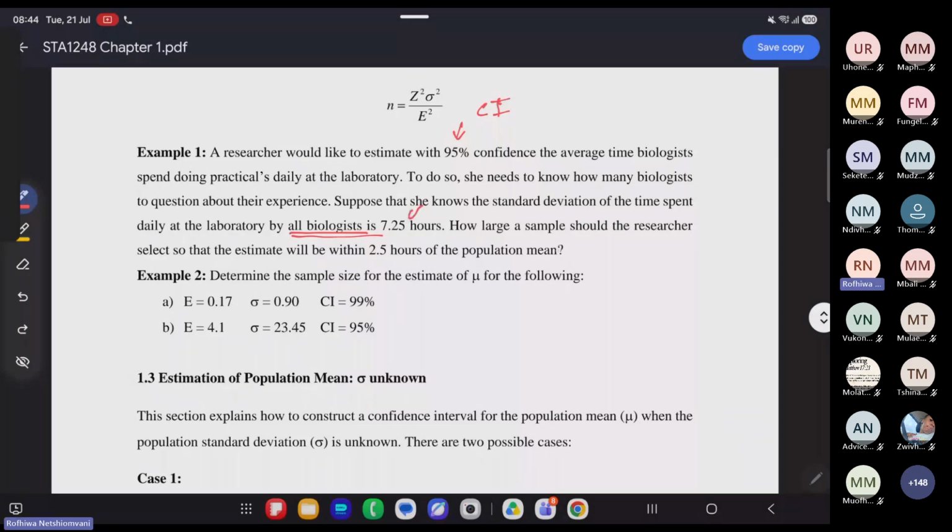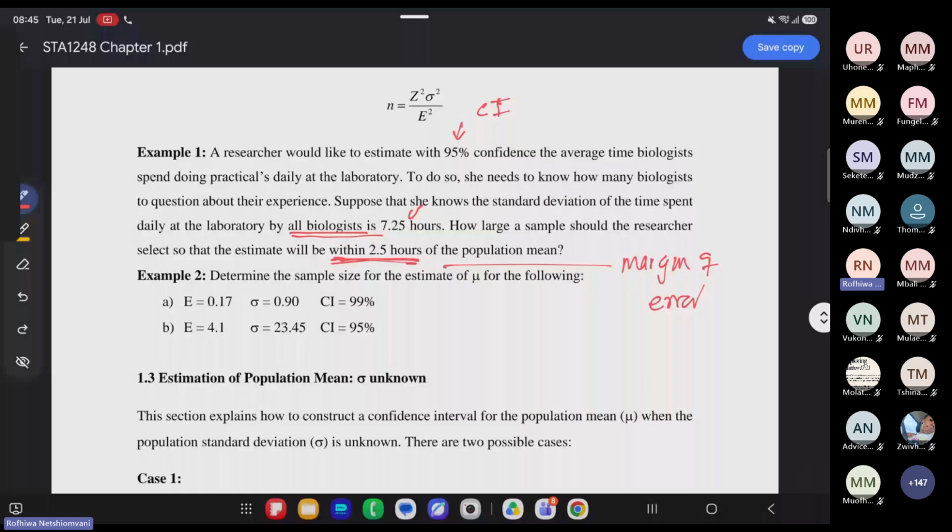How large a sample should the researcher select so that the estimate will be within? This word within will always indicate a margin of error. Remember, if it's within 2.5, it means that we are either subtracting or adding 2.5. Always remember that.